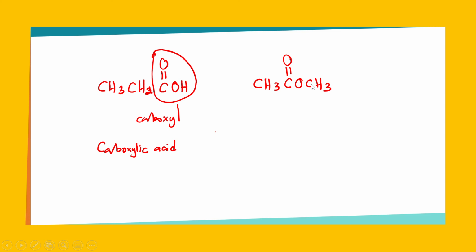If the atom next to the oxygen is hydrogen, it is carboxyl. But if the atom next to the oxygen is a carbon, we call it ester. The functional group is ester, and the class of the compound is also ester. So it shares the same name between the functional group and the class of the compound.